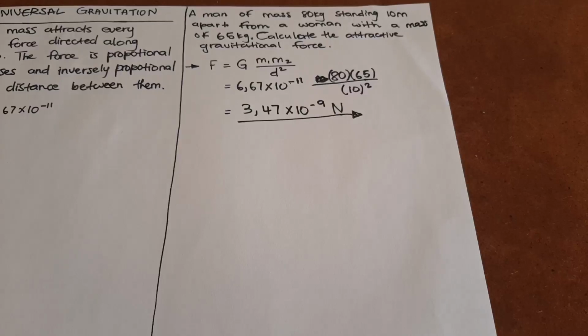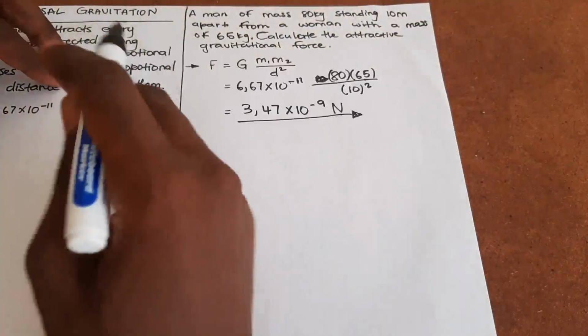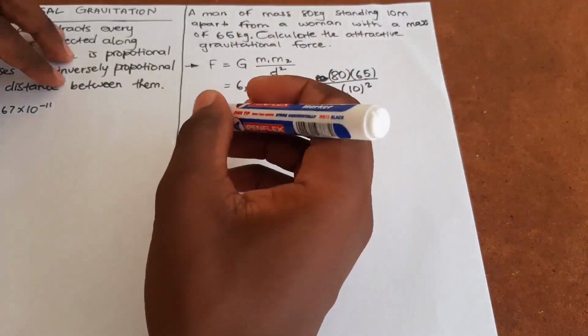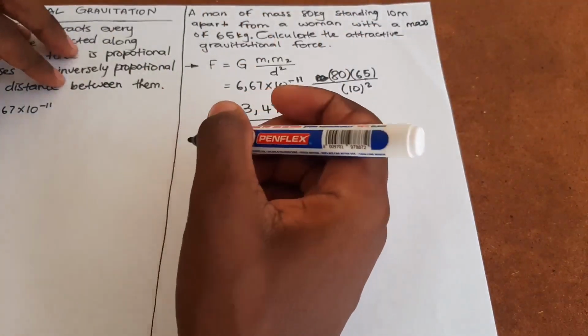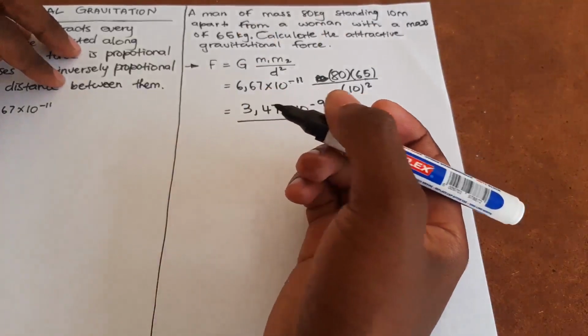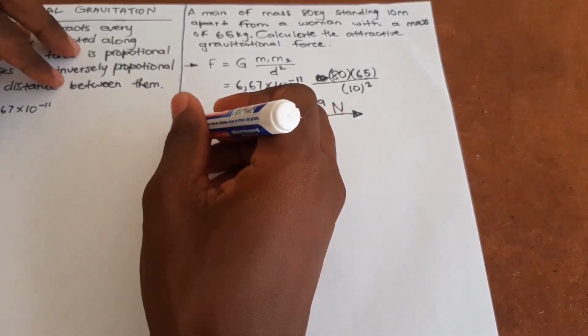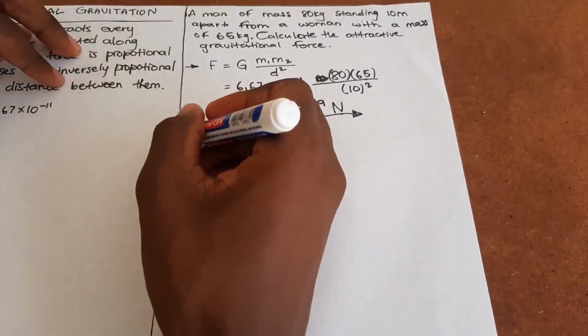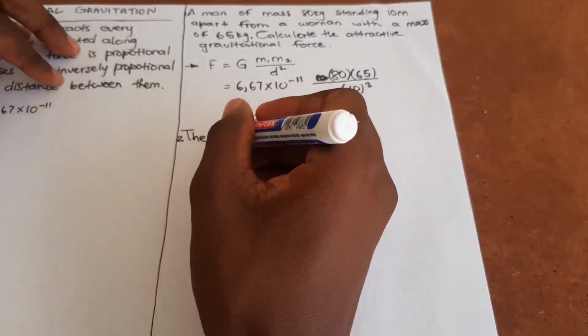Now let's consider the gravitational force between the earth and the moon. So this was the first one, this is the second one.